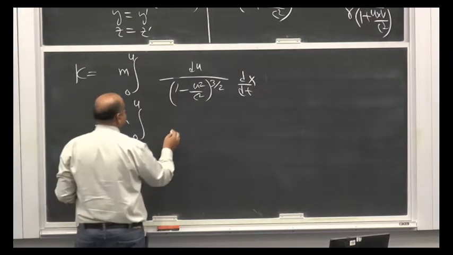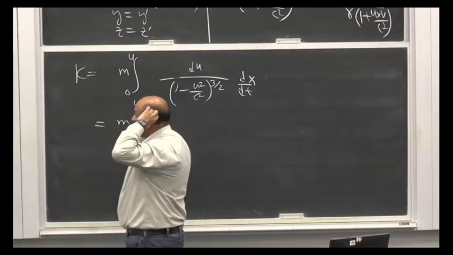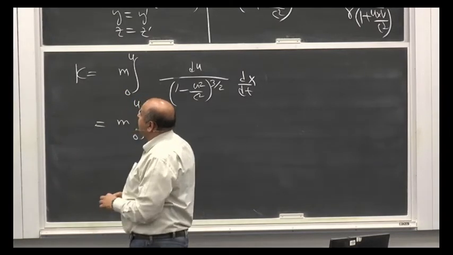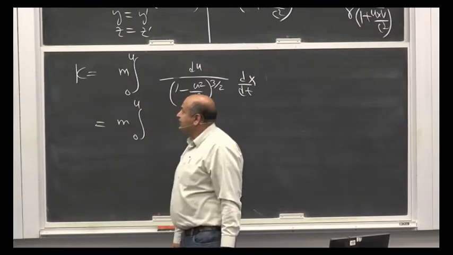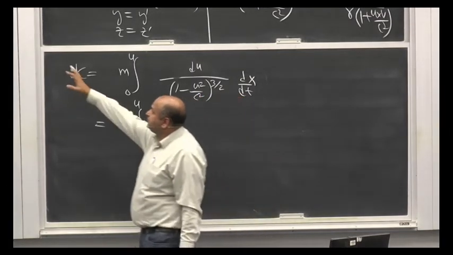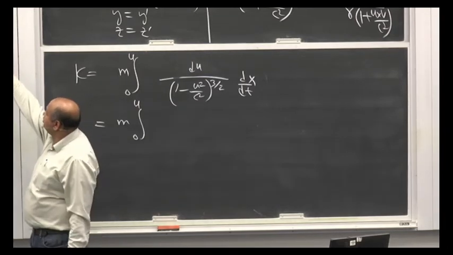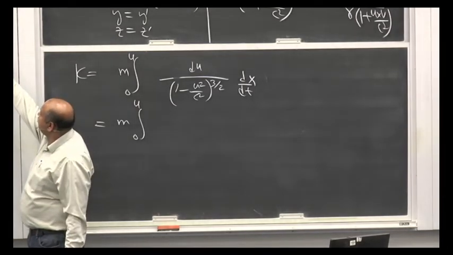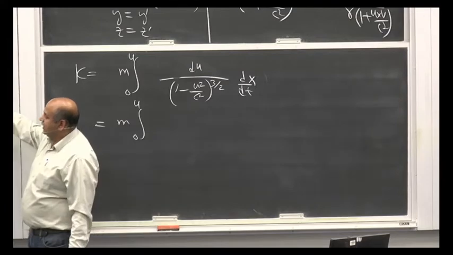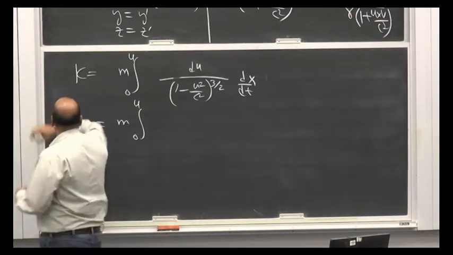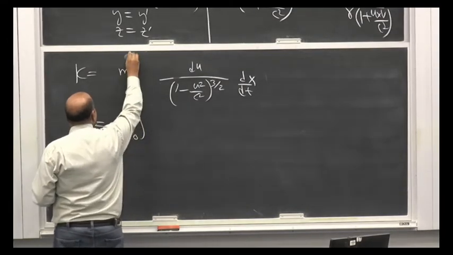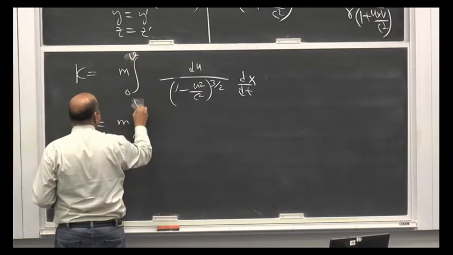Okay, I have made one very bad choice of variable. I have kept the final velocity as u, 0 to u, but I am also using the same symbol u for all the things. So let me take the top limit to be v, just to differentiate it from u.